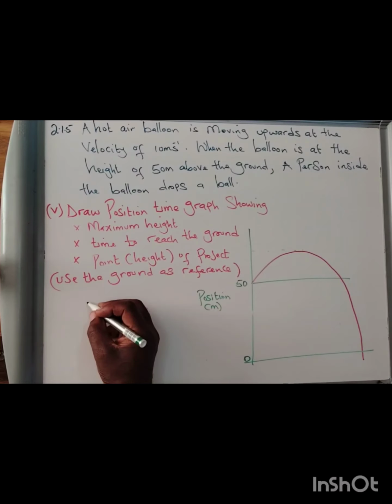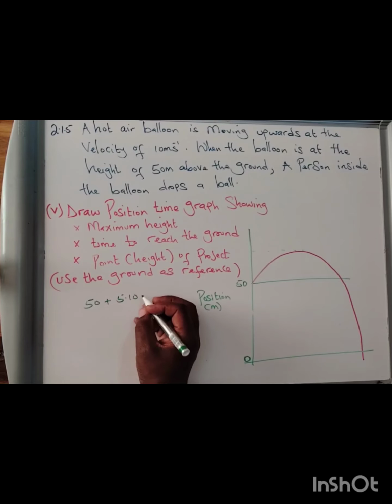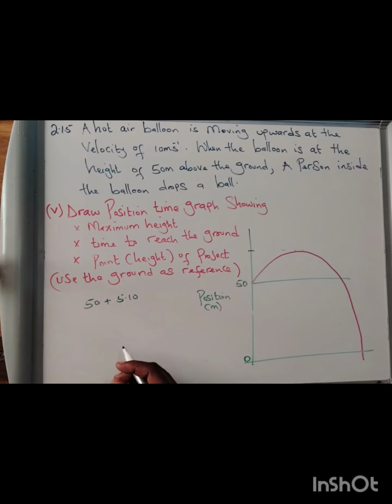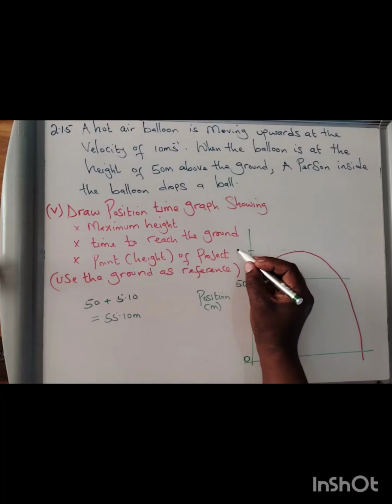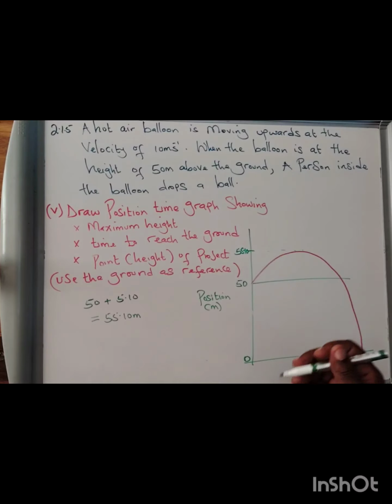That means that 50 plus 5.10 will give us this point, which is the maximum height from the ground. And what do we get out of here? We're going to get 55.10 meters, and that's the point. So this one is 55.10. You have to remember that all these ones are in meters.